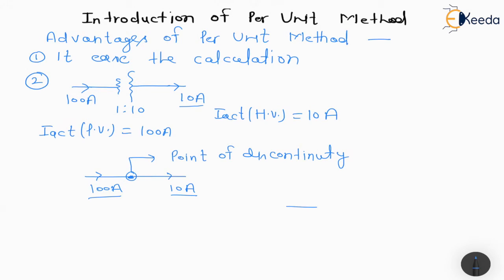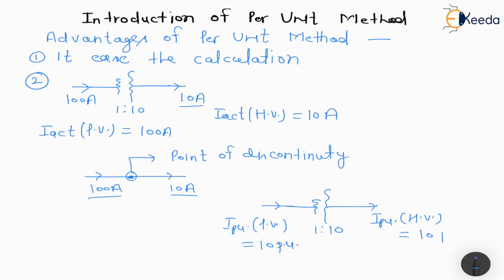Now when we use the per unit method, let us assume the same 1 is to 10, and if I PU of LV is equal to 10 PU, then definitely I PU of HV will be the same, equal to 10 PU.